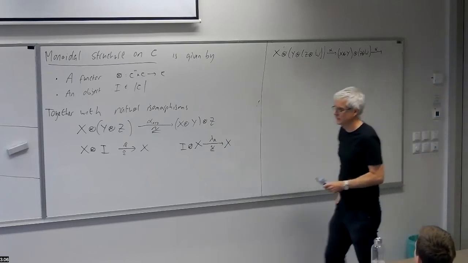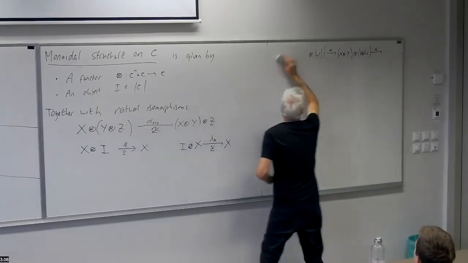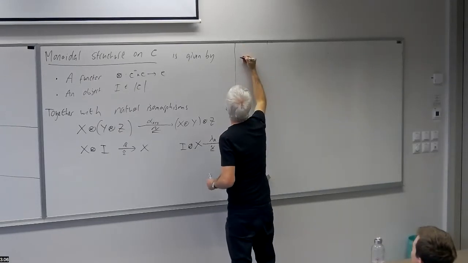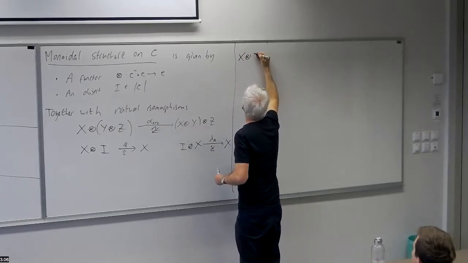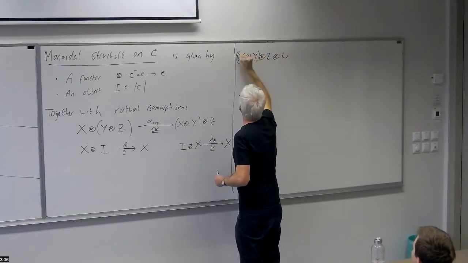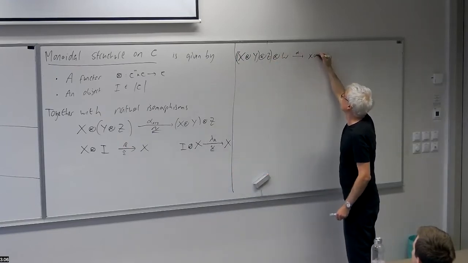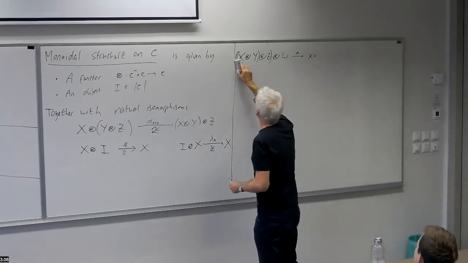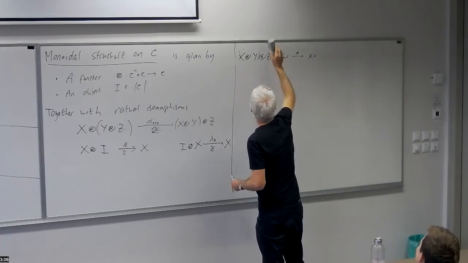I think I'm going to be frustrated by this amount of space, actually. Sorry, I'll try to write a little bit smaller. So alpha takes us to x. I've bracketed this the wrong way, haven't I? So I had a 50% chance of getting it right.